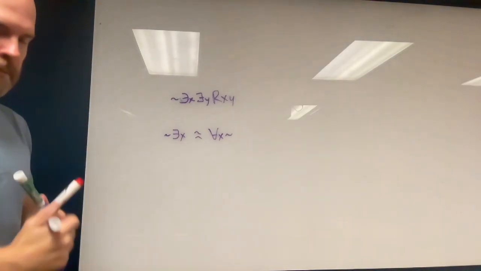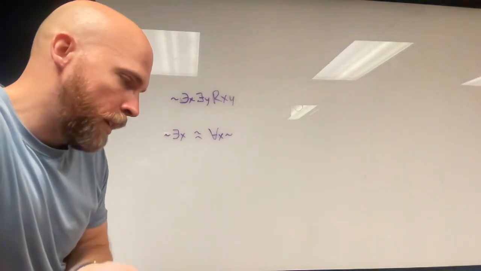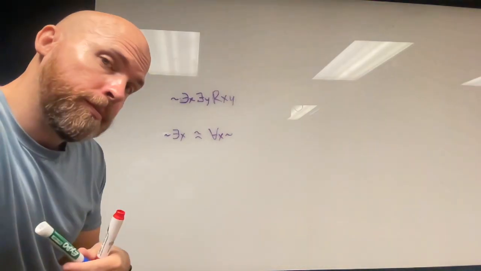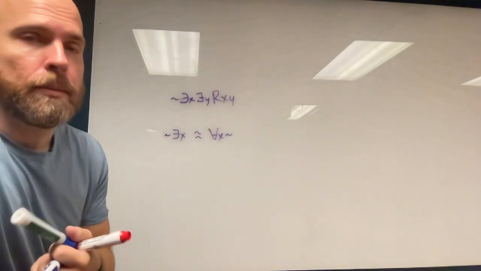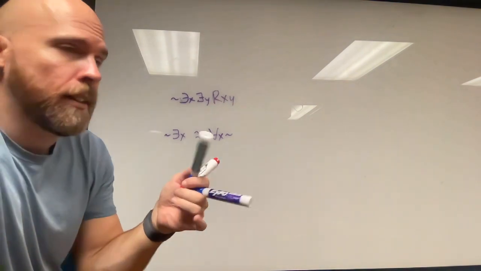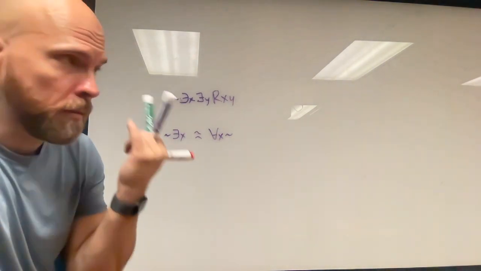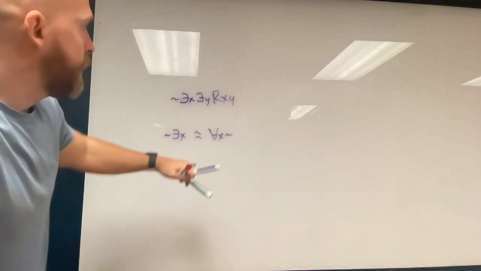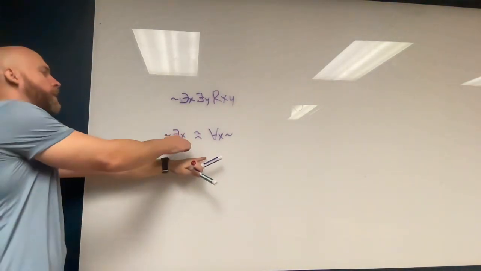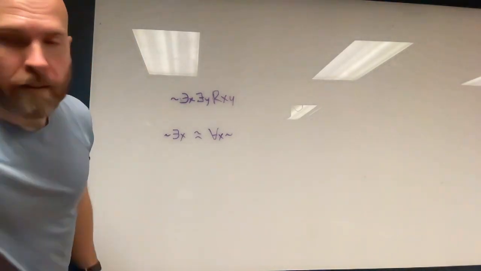If I say nothing is purple, then I mean for everything it's not purple. That is essentially me saying Alex is not purple, Charles is not purple, Bob's not purple. So I could say it of each of them. That's what's going on here. No x is the same as saying not for everything.